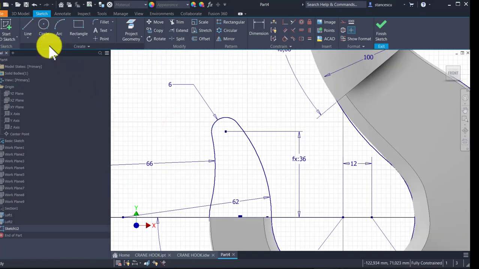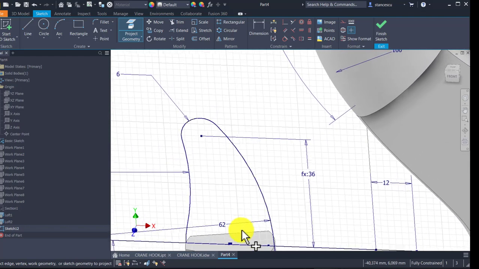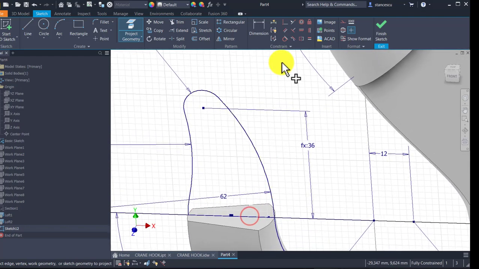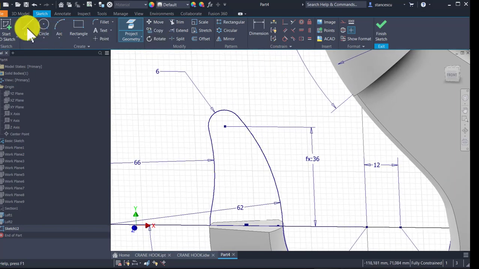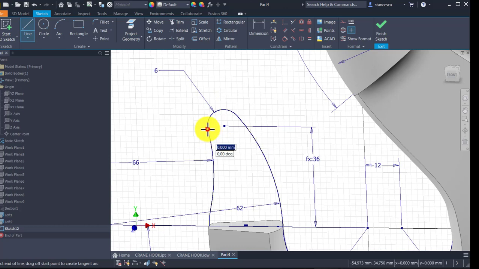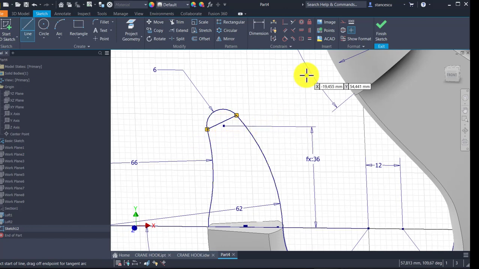I project geometry. This 2, 3, 4, and also this 5 entities. Now I connect this point with this point, which are not containing this. Why? Because this is not a semicircle.